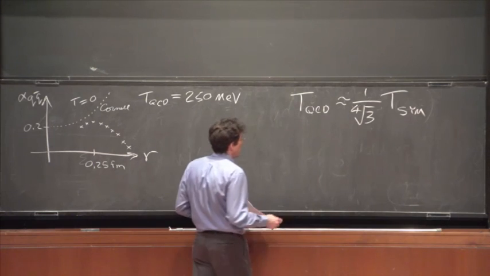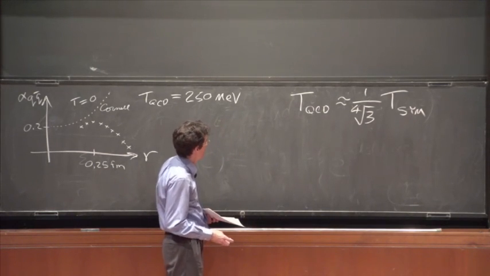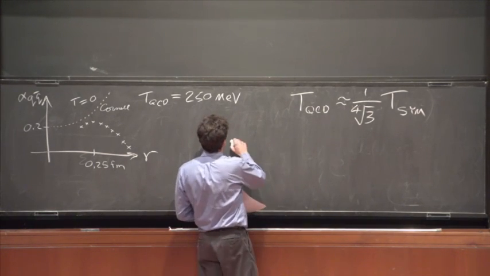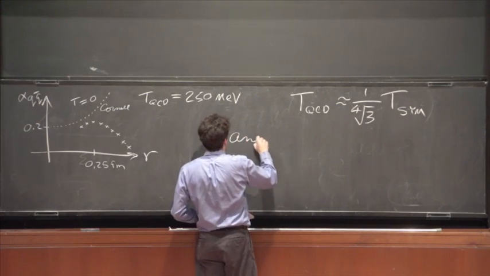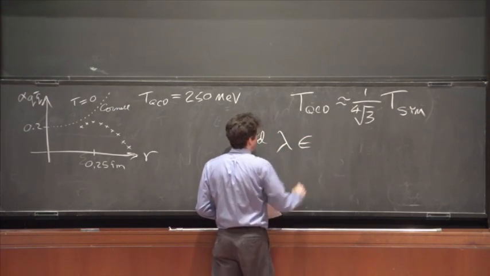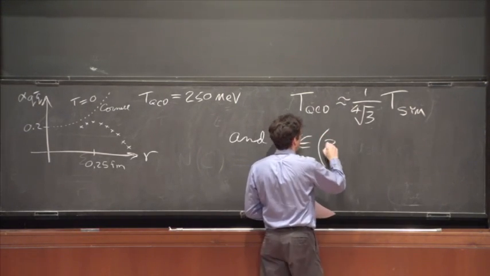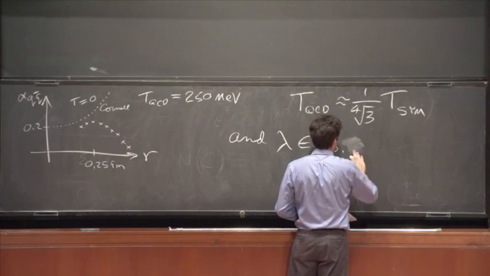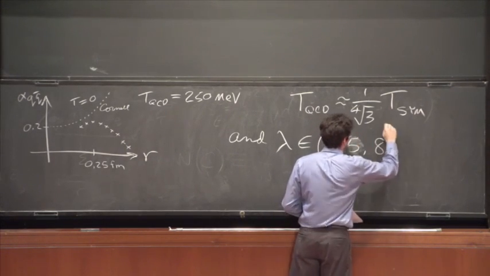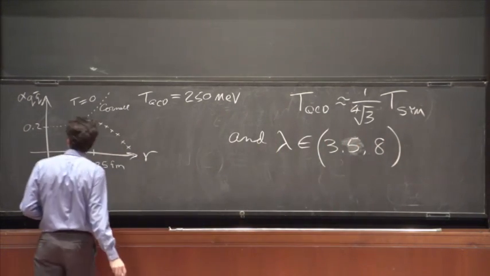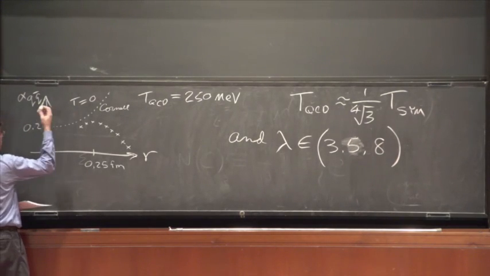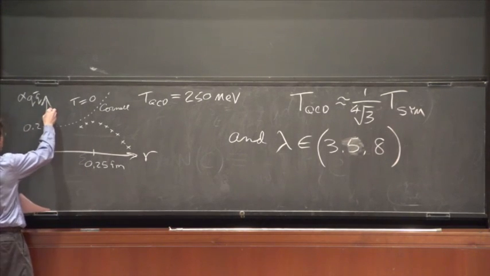And then the only other thing we've got to play with is the value of the 't Hooft coupling. The values of the 't Hooft coupling that essentially work are somewhere between about 3.5 and 8. When you pick these values, here's what you get from the super Yang-Mills computation.